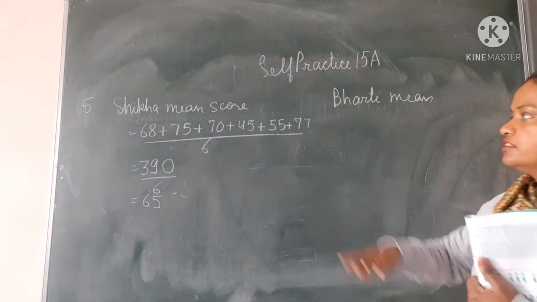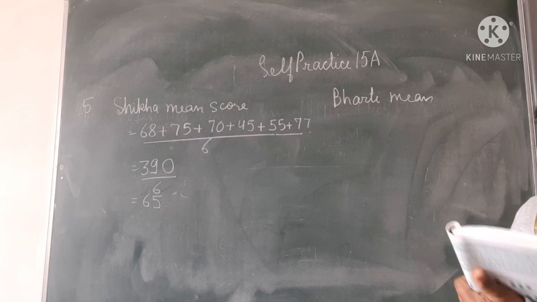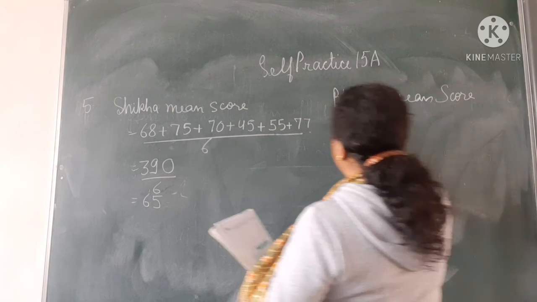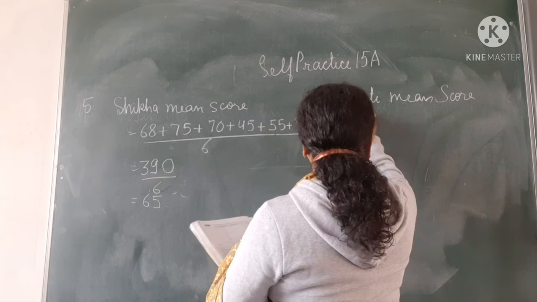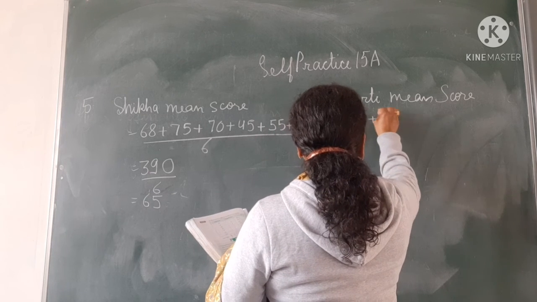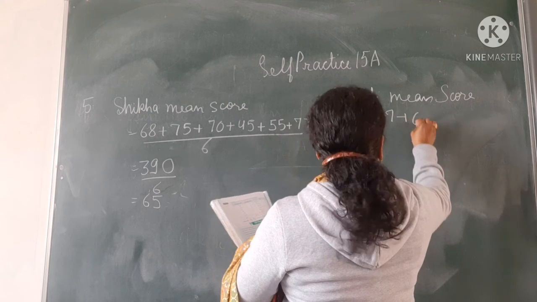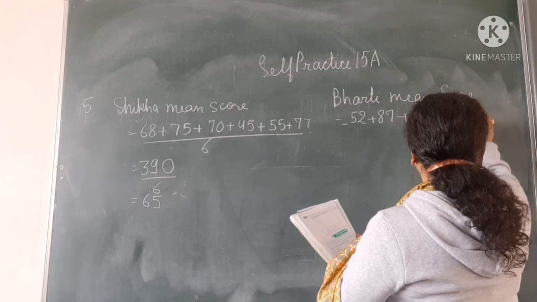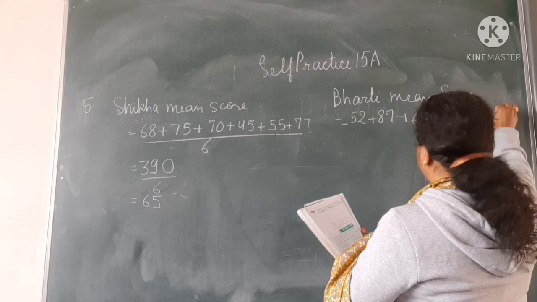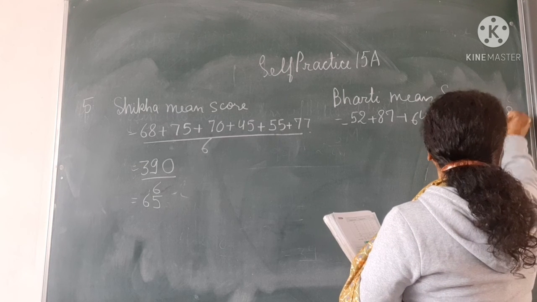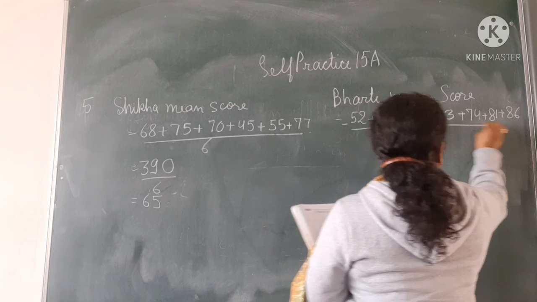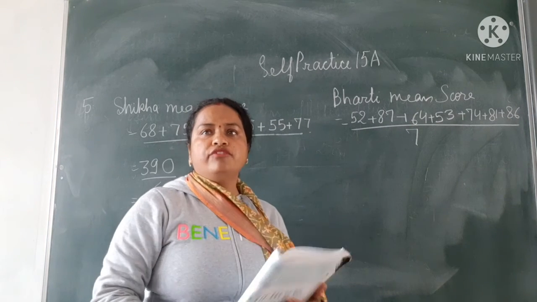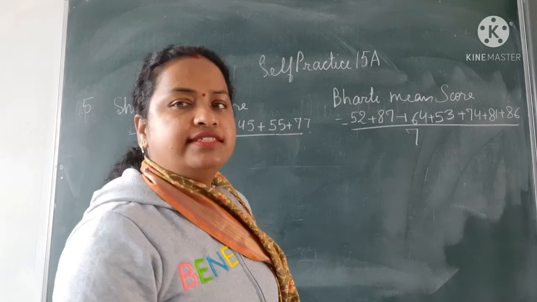You have found Shikha's mean score. Now you have to find Bharti's mean score. So first you find the mean, means 52 plus 87 plus 64 plus 53 plus 74 plus 81 plus 86 upon their total, how many subjects are there? 7 subjects. So you will find for all the 7 subjects.